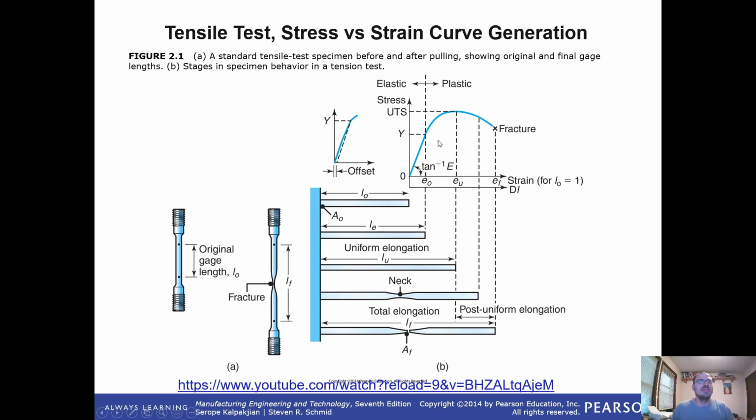So really these are the two biggest important parts of this graph, as well as what we'll talk about later, modulus of elasticity, which is the slope of this line. So this just depicts where along the graph your dog bone here is. It's rather useful and straightforward if you get the right view for it.